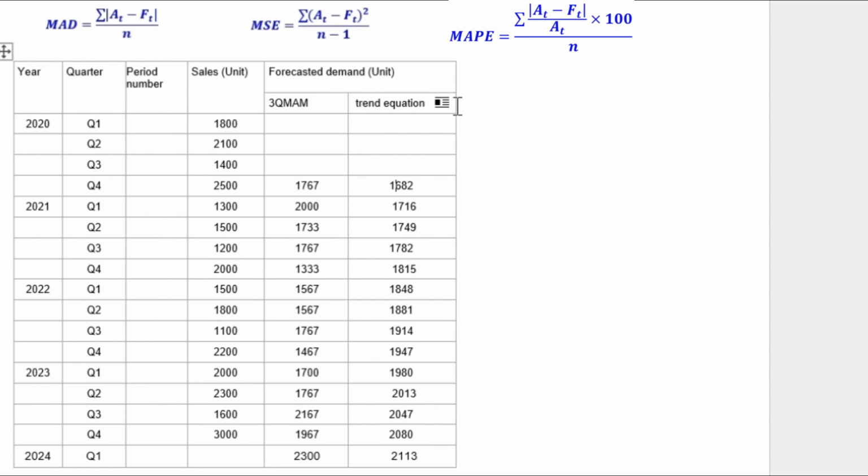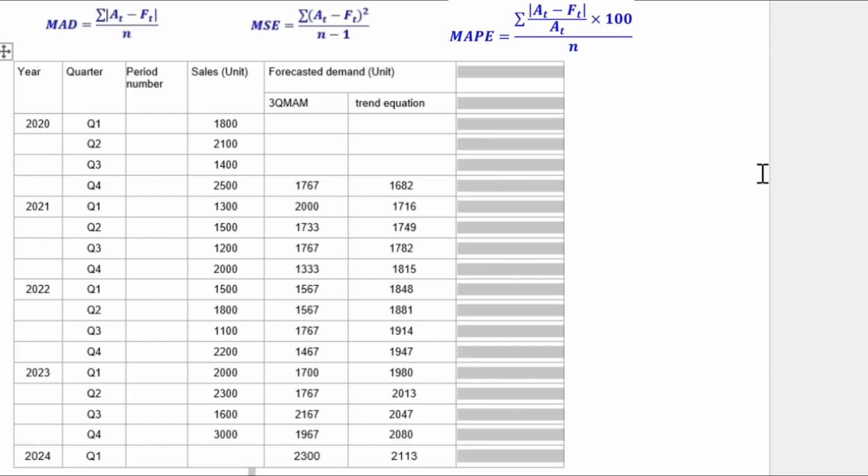So to do this, we have to calculate at the beginning the error of the forecast, which is the difference between the actual sales and the forecast. I will do it for the 3-quarter moving average. Then I will do it for the trend line equation.